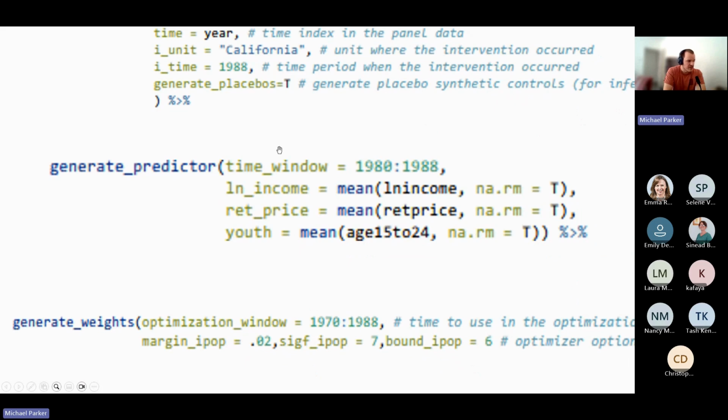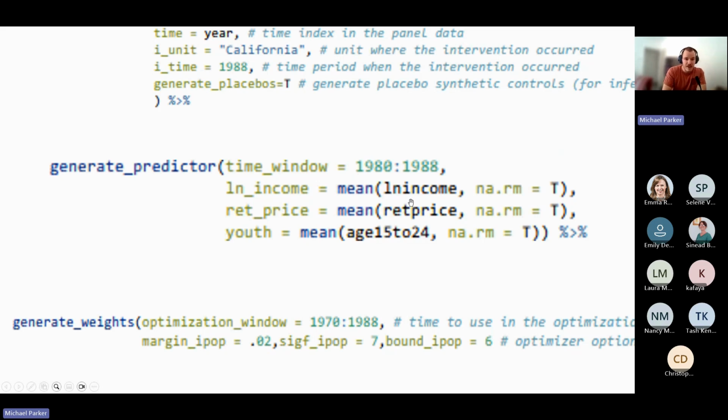Here we have our generation of predictors. What we want to do is generate predictors between 1980 and 1988. Here we're going to use the mean of the log income of each state, the retail price of cigarettes, and what they're calling youth here. This is the percentage of the population between 15 and 24 in any given year. So obviously you can think about how these might interact with our outcome.